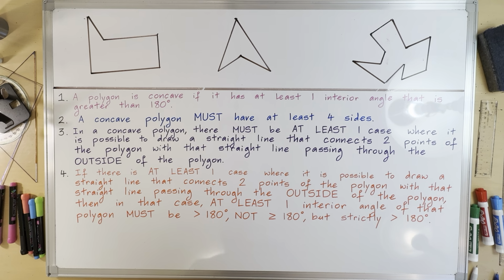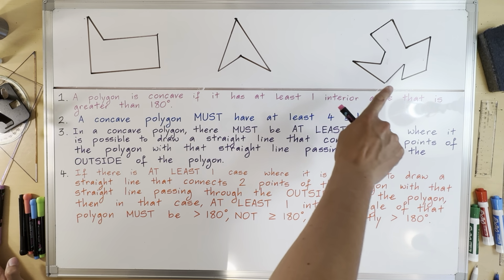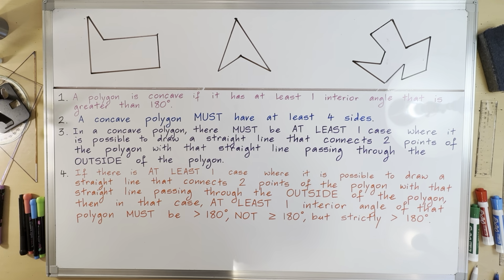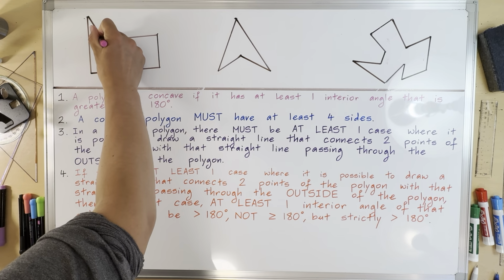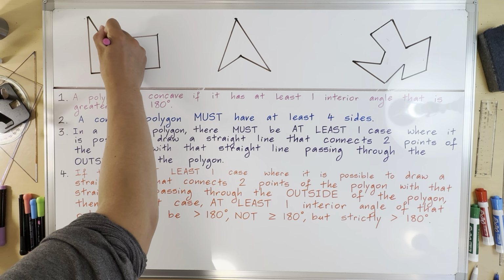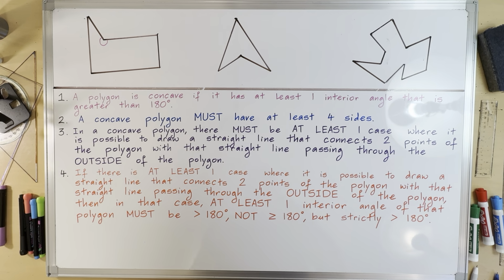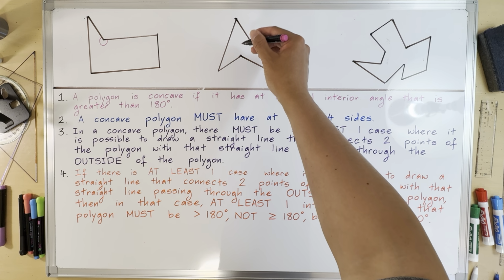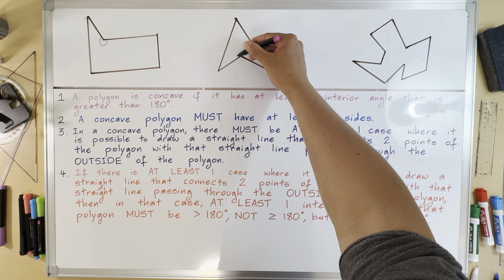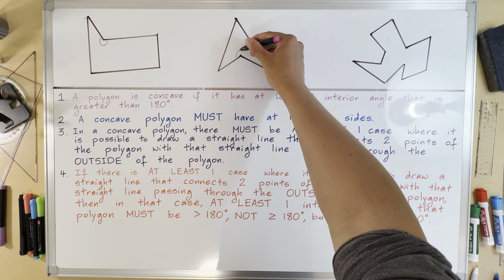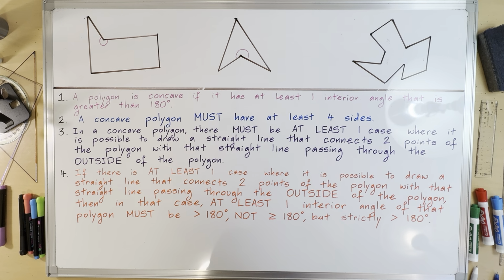And that makes perfect sense because if you take a look at each one of these three concave polygons, right here, we have an interior angle that is greater than 180 degrees. For this second polygon in the middle right here, it also has one right here.